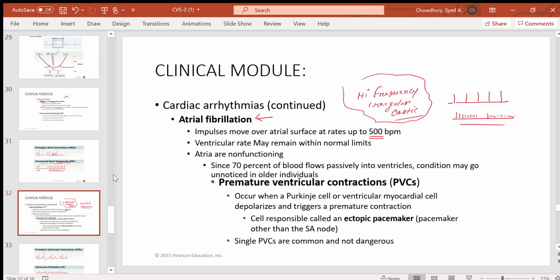And if the fibrillation occurs in the ventricle, not the atrium, that becomes more of a concern. Atrial fibrillation is not a big problem because about 70% of blood goes from the atrium to the ventricle passively and doesn't need forceful contraction.